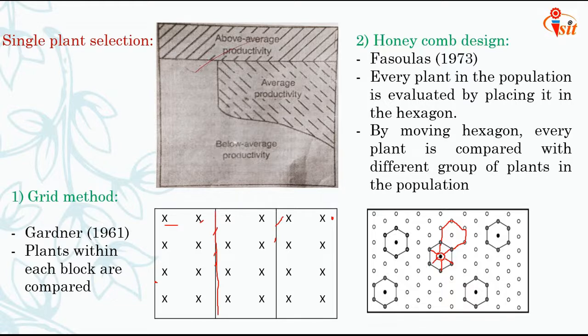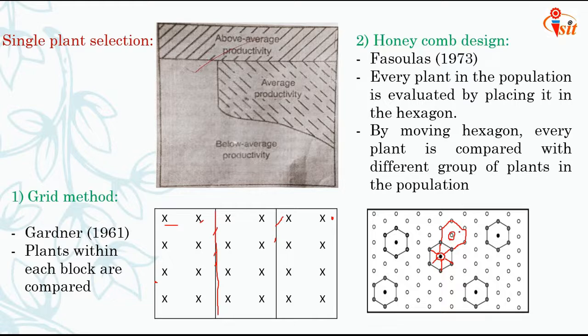So this plant is compared with the plants present on the edges of the hexagon. But when you move the hexagon, whatever plant is here is compared with this plant. So every time, the plants you place in the hexagon are compared with another group of plants.